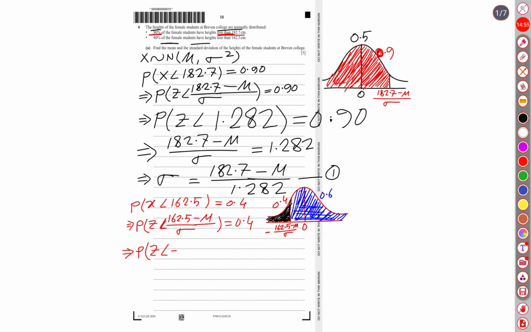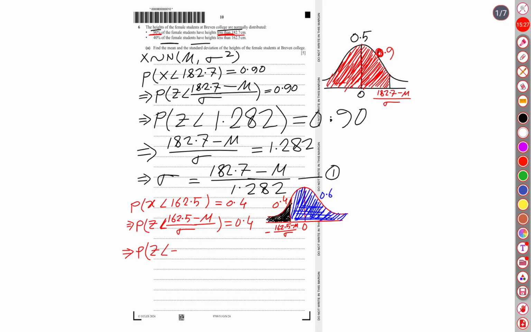The probability given in the table is always more than 0.5. So whenever a probability is less than 0.5, we will opt for the greater part. So the probability of the greater part is 0.6, as we have already seen from this graph. The z-score must not be changed. The z-score will remain as it is, because the normal distribution graph is symmetrical, so we can find the probability of the greater part.